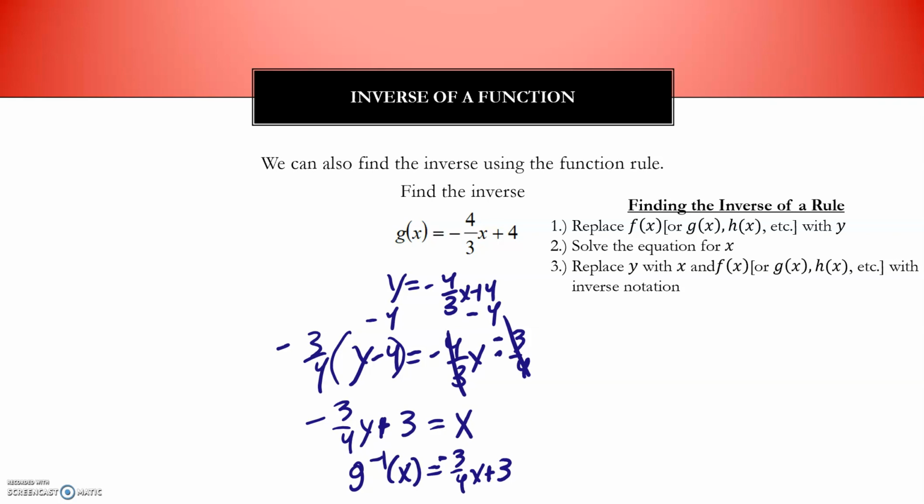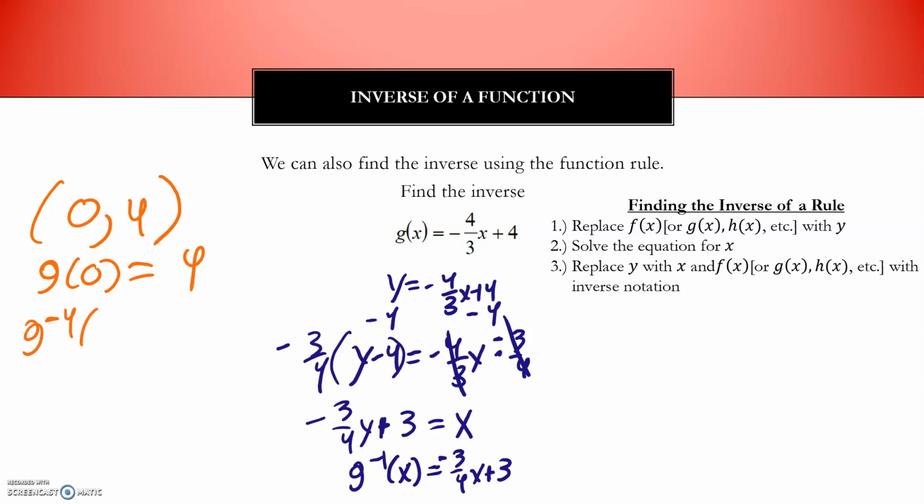In other words, if you took an ordered pair, and I'll just show you this real quick before we're done. The y-intercept there is 0, 4. I'm just using that because it's easy. So if I put a 0 into g, I get 4.